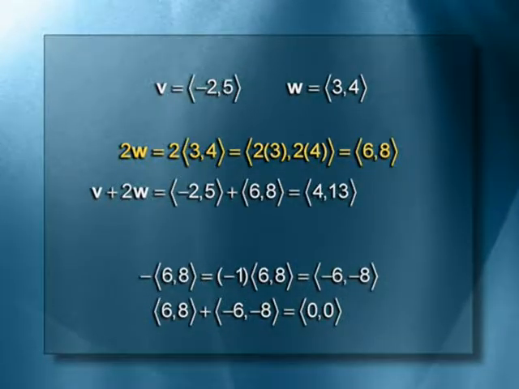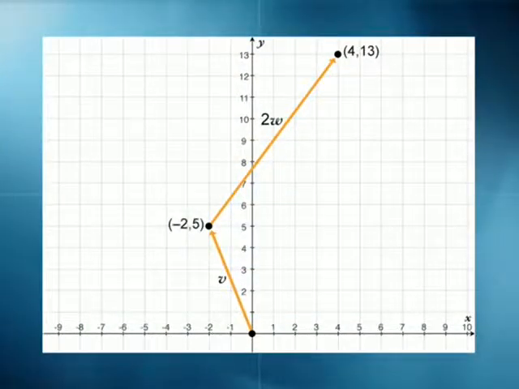If you remember, that vector was 6, 8. Well, I've drawn that vector, but I've moved it off the origin. I don't have it in standard position. It's been displaced in a parallel fashion. The directed line segment going from the point minus 2, 5 up to 4, 13 is equivalent to 2w.